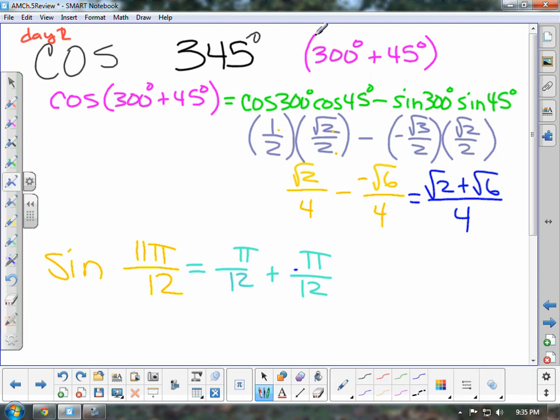Instead, you could say possibly 9 pi over 12 and 2 pi over 12, because 9 pi over 12 is the same as 3 pi over 4, because you can divide 9 and 12 by 3. And 2 pi over 12 is the same as pi over 6.